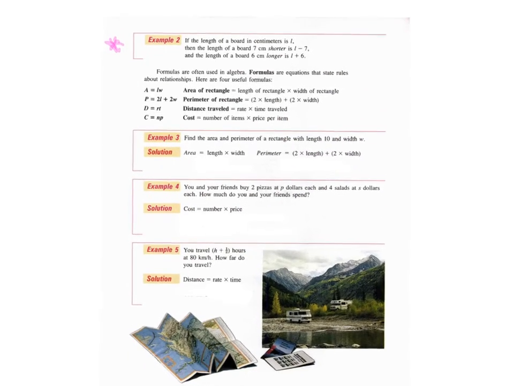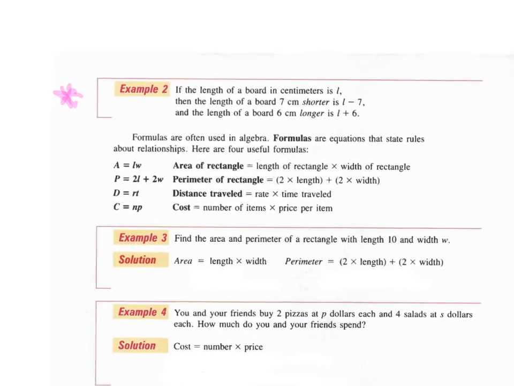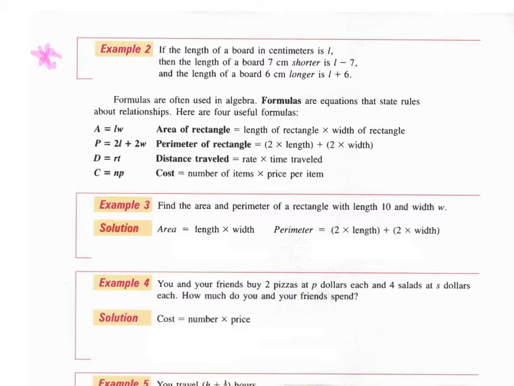Let's see what's next. Okay, so on the next one, they're telling us sometimes you may need to use formulas when you're translating. Okay, so the formula for area of a rectangle is length times width.